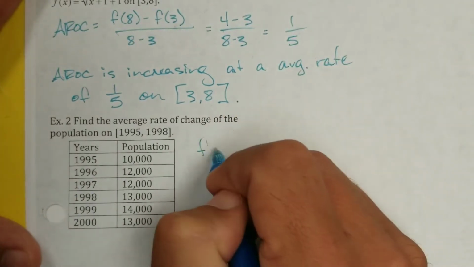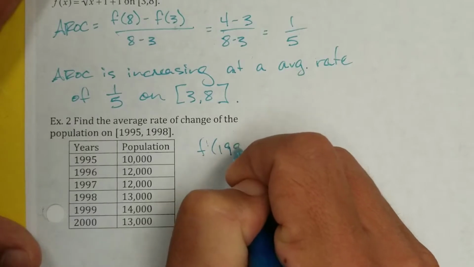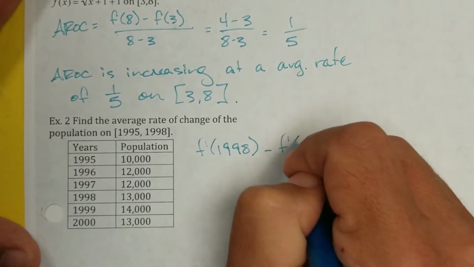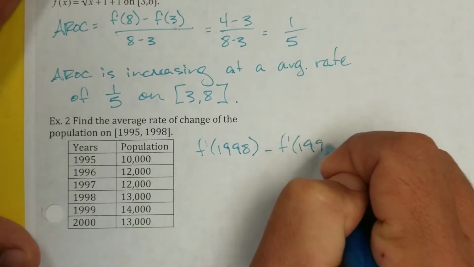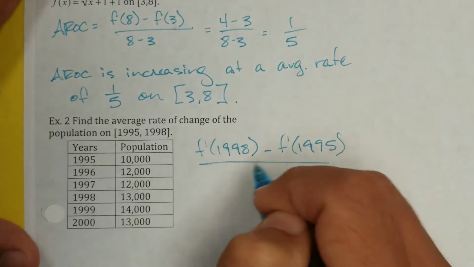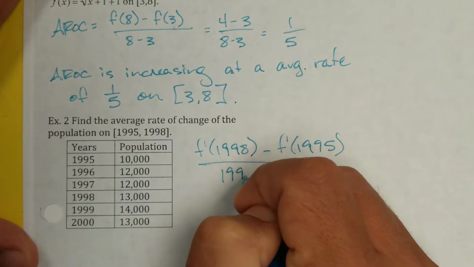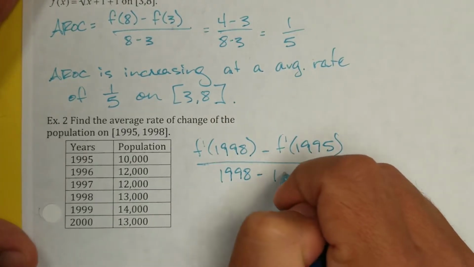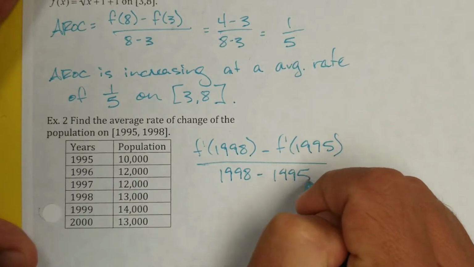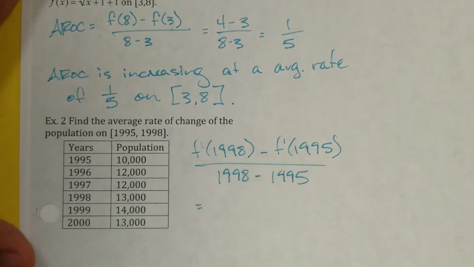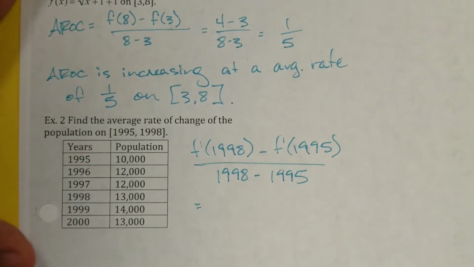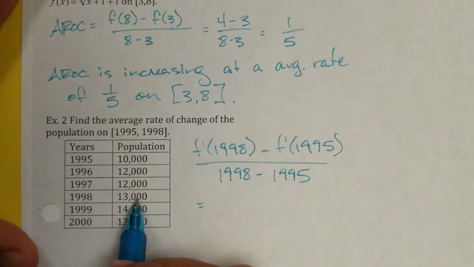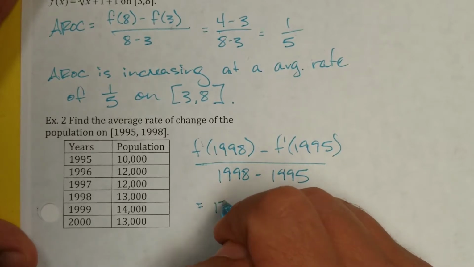So we would say f of 1998 minus f of 1995 over 1998 minus 1995. So f of 1998, if you just look at the table, is 13,000.